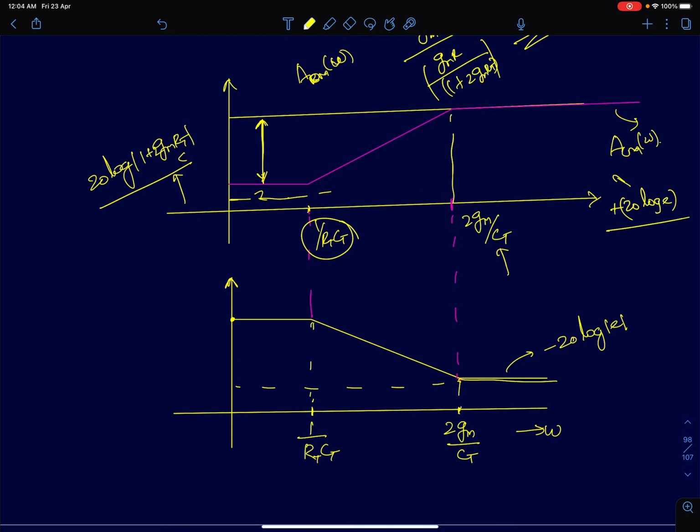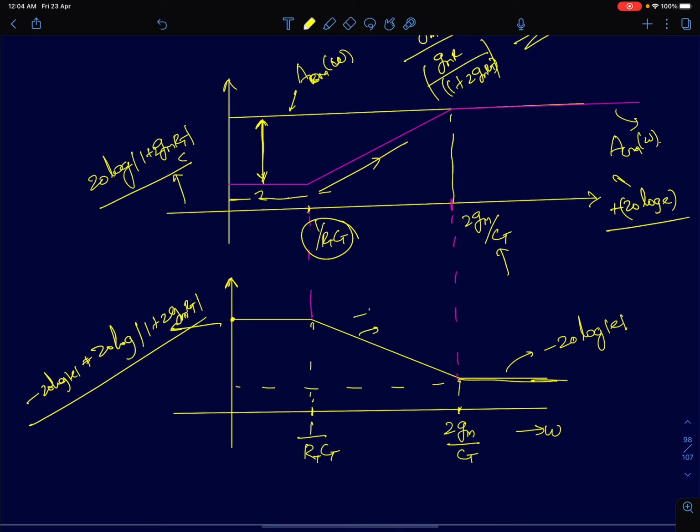To understand the profile, how the frequency variation looks like in a CMRR, you'll have to just subtract ADM minus ACM. If you subtract this, this peak value here will be 20 log of mod of 1 plus 2 GMRT. To this we have to add minus 20 log of mod E. So we get this term. Then since your ACM is increasing with frequency, CMRR will decrease because you are subtracting the two.